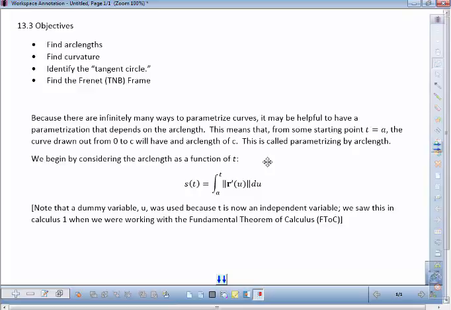So what that means is that you set up your parameterization so that when you use the formula for finding the arc length, the length of the thing that you're looking for would just be the top limit.